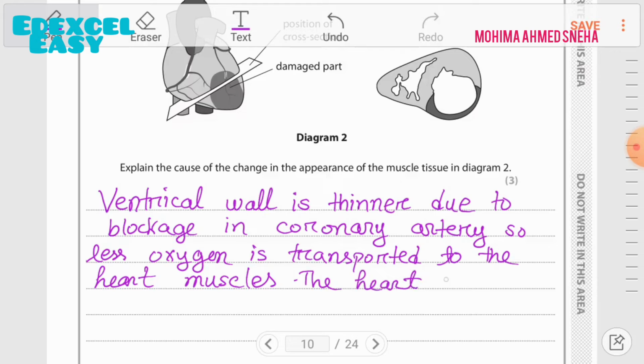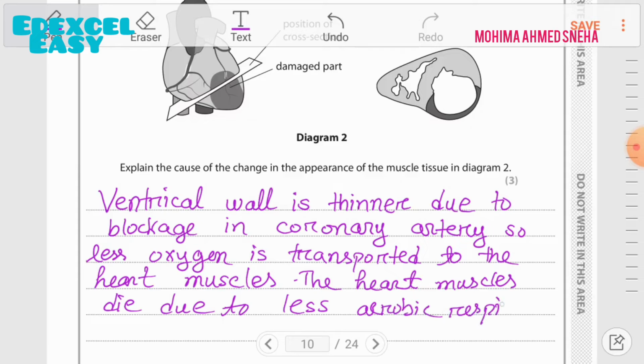The heart muscles die due to less aerobic respiration. So with this, part B ends.